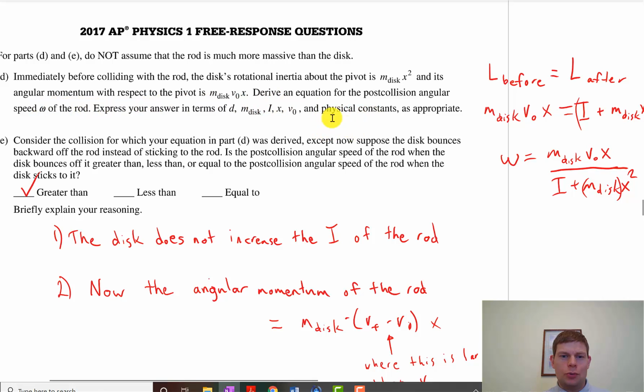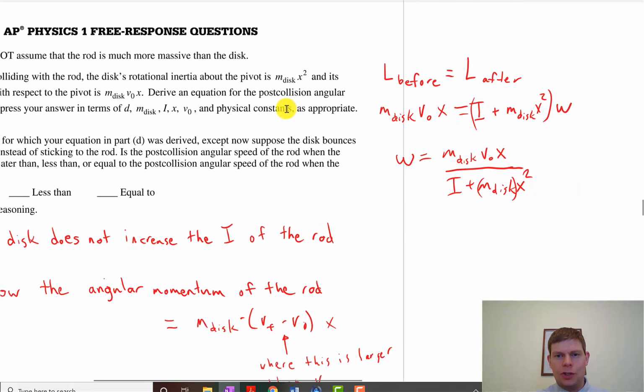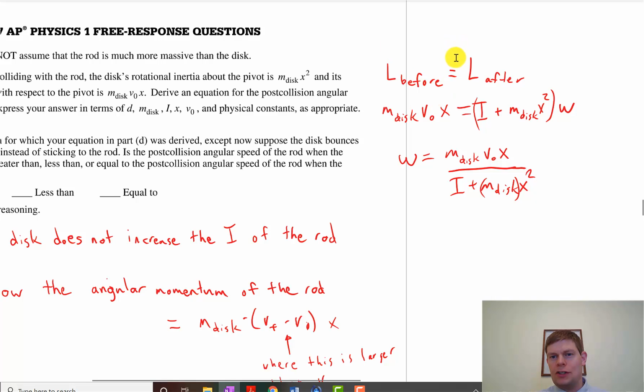So this is pretty easy. It's just conservation of angular momentum. You've got a certain amount of angular momentum before, and it's equal to the angular momentum after. You just do your m v r before because you've got your point mass: the mass times its velocity times the distance perpendicular from the pivot.